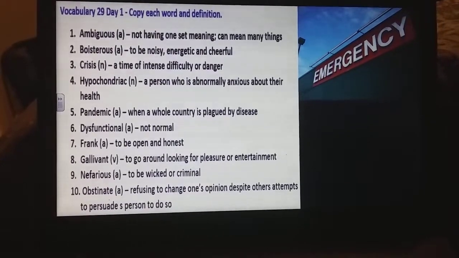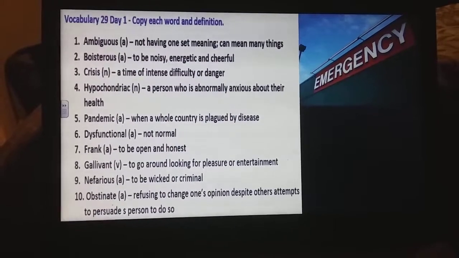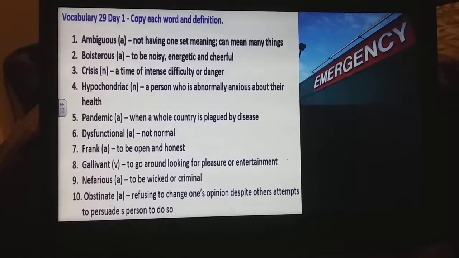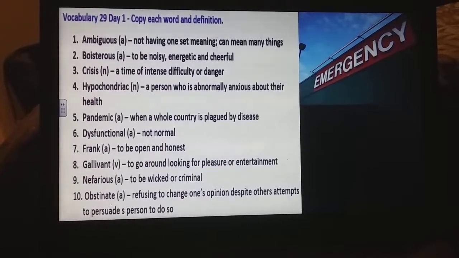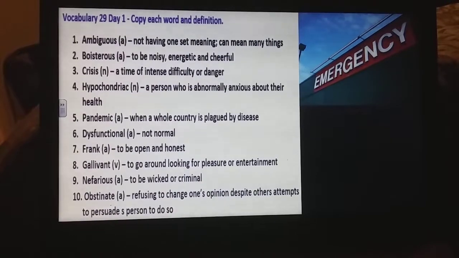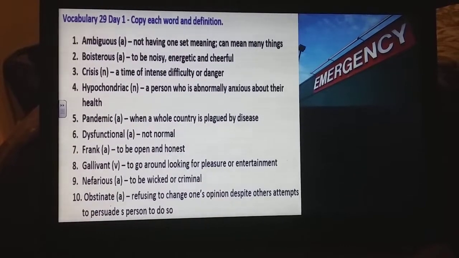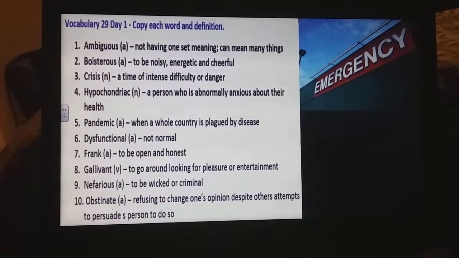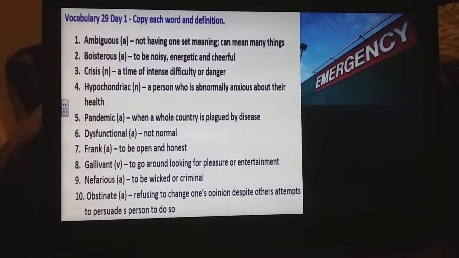So for example, if someone were to suffer from a heart attack or stroke, that means that their health is in extreme danger. So they would need to go to an emergency room, somewhere where they can have their crisis taken care of and they can get the treatment that they need.